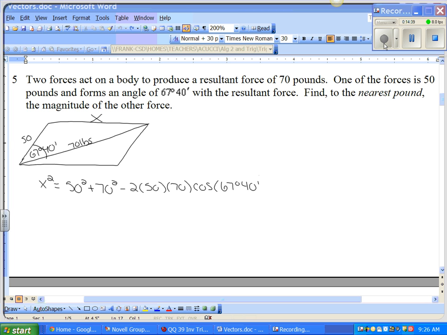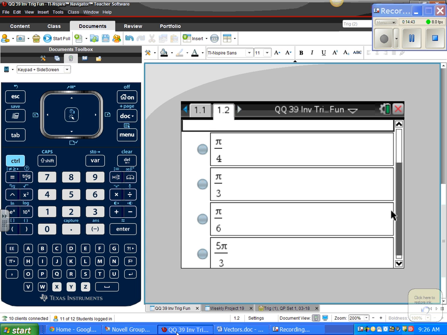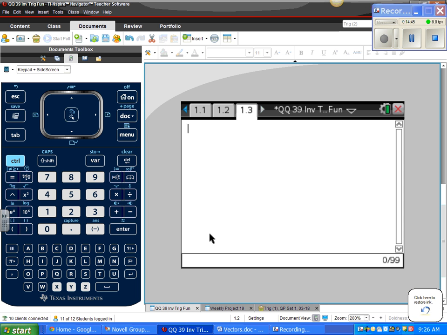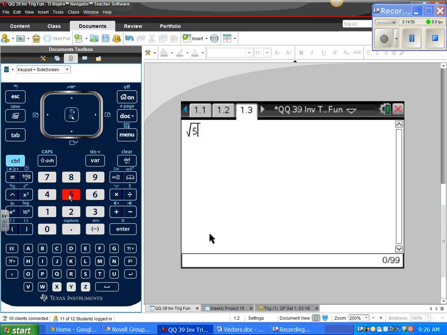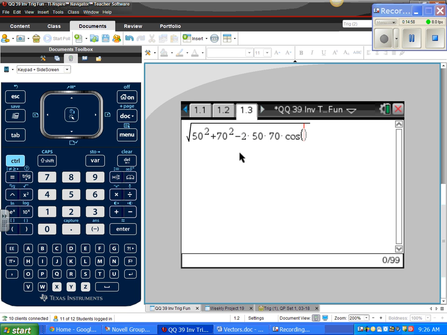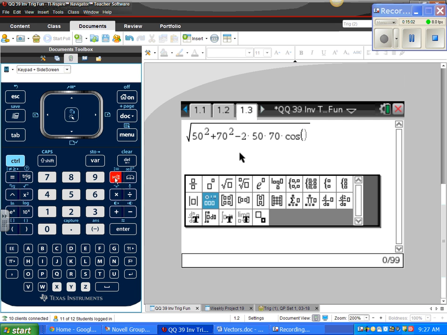Good. And what do I have to do? Take the square root, right? So I'm going to go back here, and I'm going to put in exactly what I see: 50 squared plus 70 squared minus 2 times 50 times 70 times cosine of, where do I find it? In the math template key.